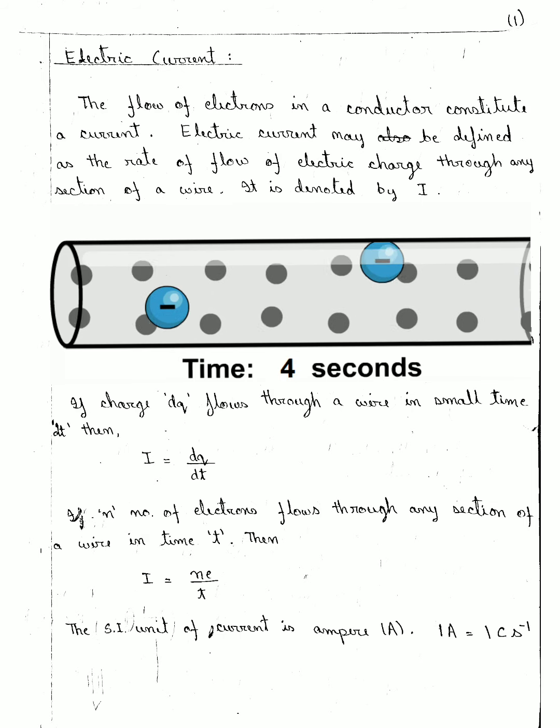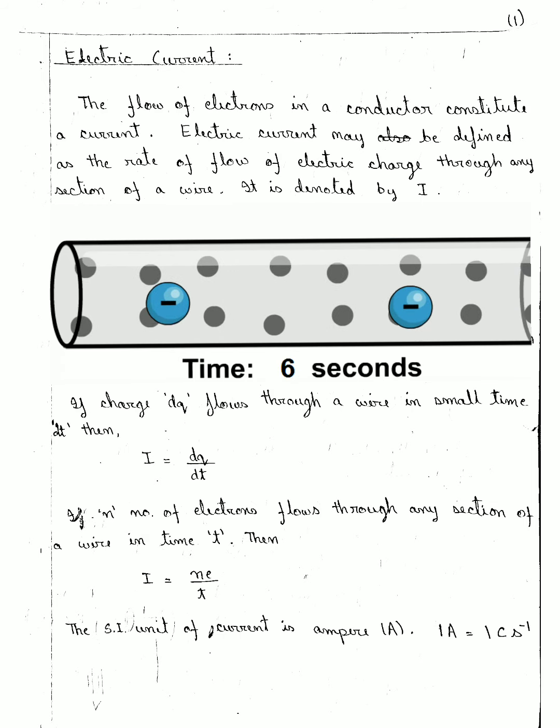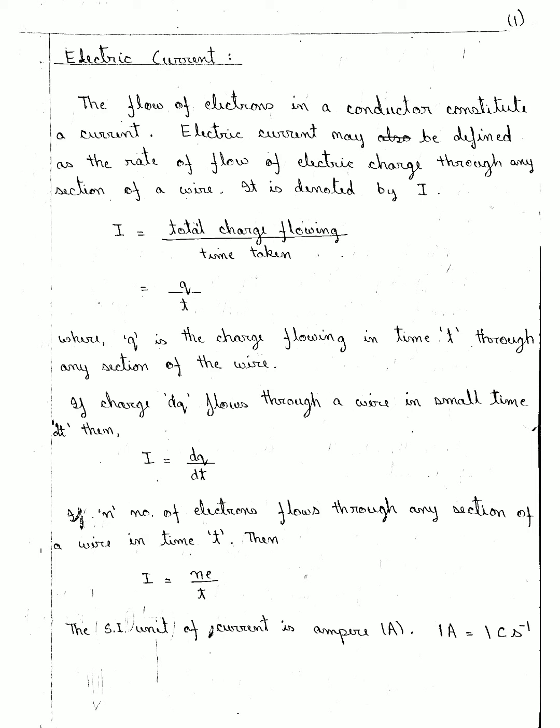And electric current may be defined as the rate of flow of electric charge through any section of a wire. It is denoted by I, hence I is equal to total charge flowing through the section of the wire divided by the time taken, and that is equal to Q by T. Q is the charge flowing in time T through any section of the wire.